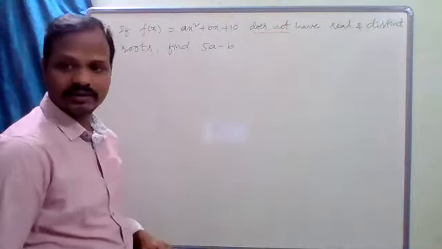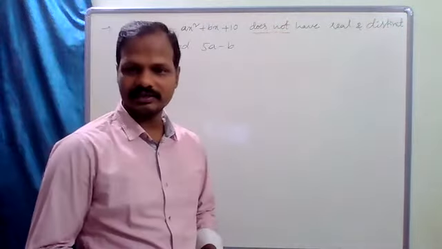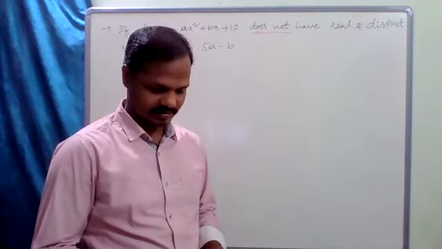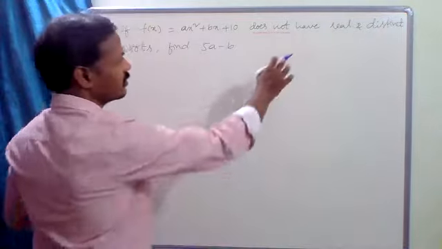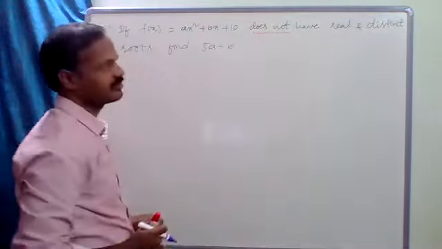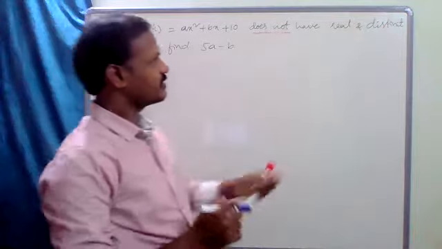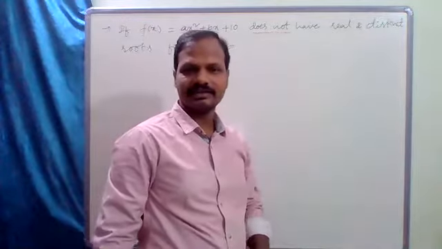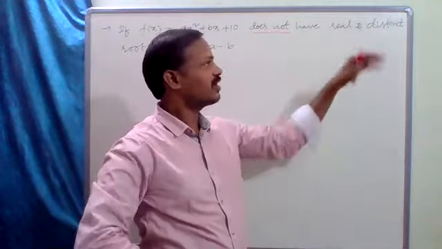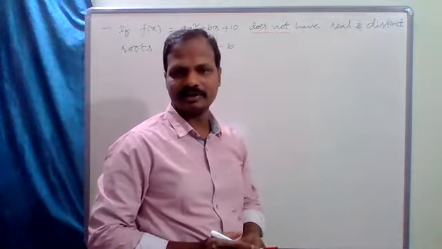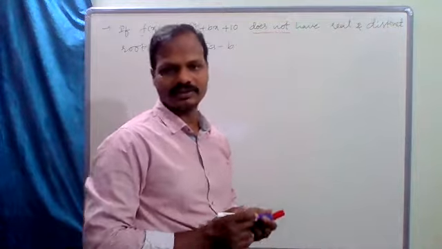So which condition do we have to consider? That's the main point here. If it has real and distinct roots, how about the graph? If it does not have real and distinct roots, how about the nature of the function?